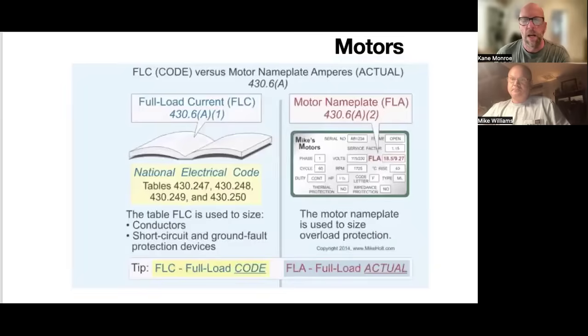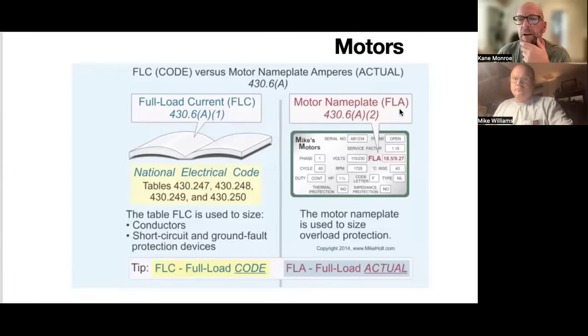I'm taking advantage of your knowledge that you've already taken the test. But here's a big thing right here, Mike, your FLC versus your FLA. FLC is in the code, so think of it as full load code. That means go back to your code book and look in your tables.